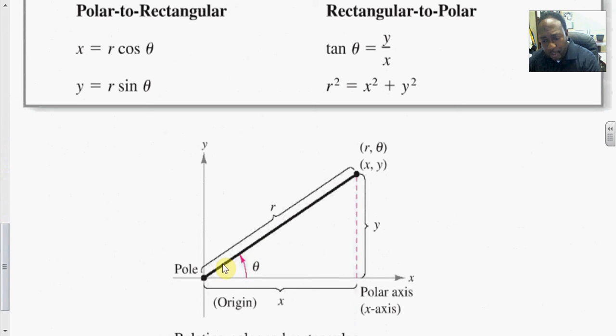And so obviously cosine of theta is x over r, and so thus x is equal to r cosine theta. Sine theta is y divided by r, and so y is equal to r sine theta. And then tan theta is equal to y divided by x.